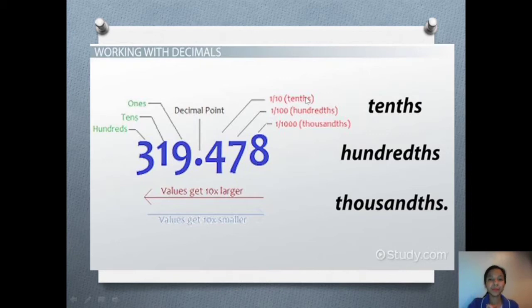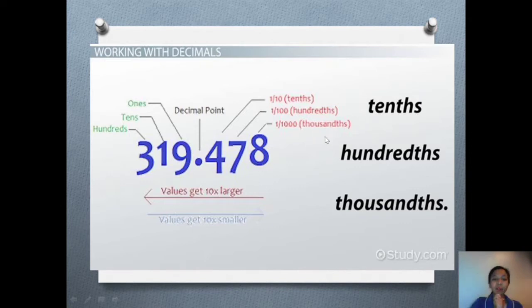This one always ends with THS. Now, the third number from the decimal point, the place value is thousandths.